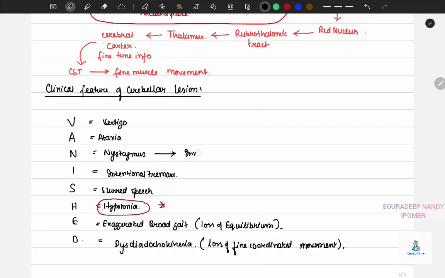Nystagmus is involuntary movement of the eyeball.